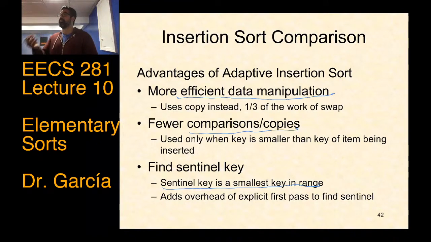So for some reason, a comparison is more costly than a swap, right? That can happen. And if that's the case, then I might say, all right, I'll take that trade-off. I'd rather do more swaps by finding the Sentinel, but then reduce by far the number of comparisons by introducing the Sentinel at the beginning.